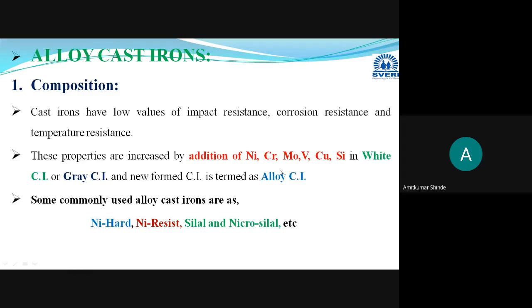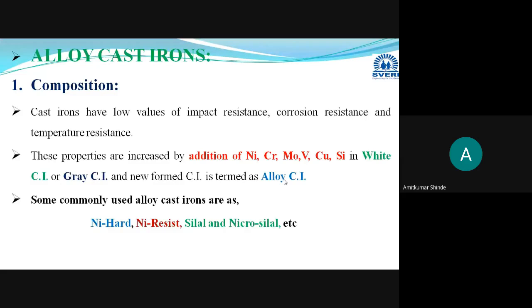Alloy cast iron is nothing but white cast iron or gray cast iron with addition of alloying elements like nickel, chromium, vanadium, molybdenum, to get improved corrosion resistance and impact resistance. There may be a number of alloy cast irons, but a few generally used examples I have taken here.